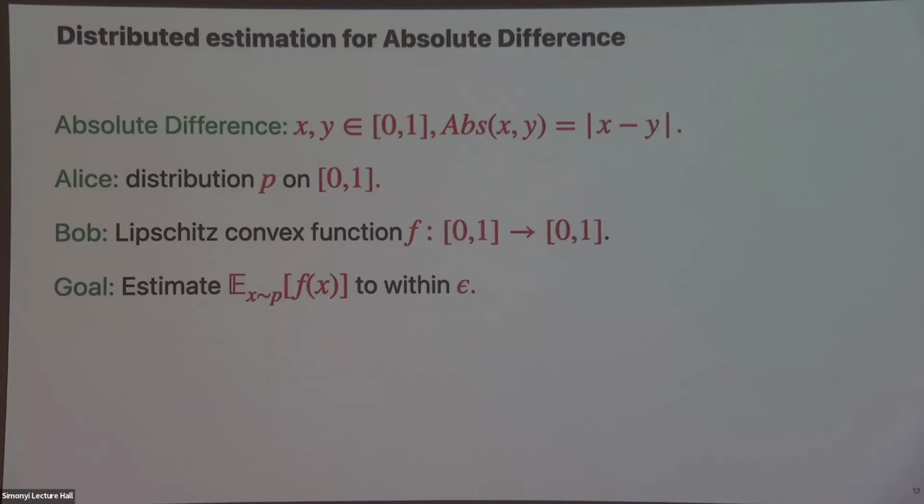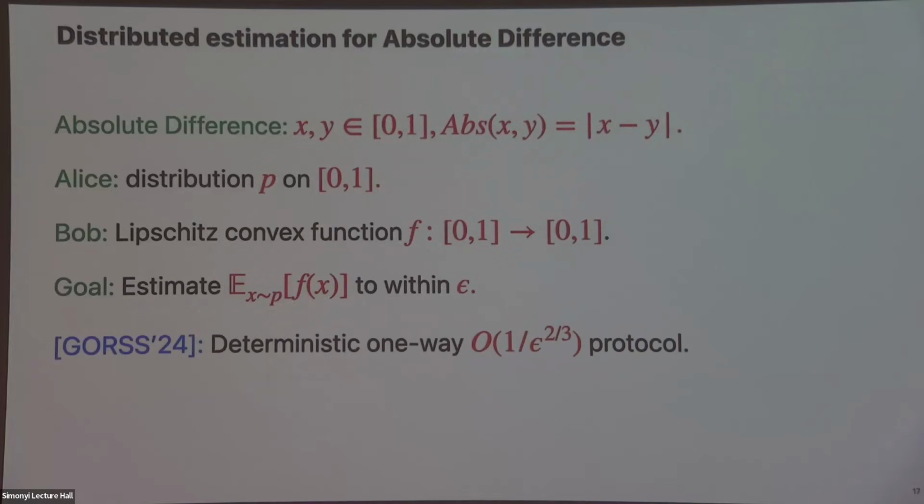So what the result in this paper with Prasad, Abhishek, and Mihir did is not only give a deterministic 1 over epsilon to the 2/3 protocol, it actually gave an approximate basis of 1 over epsilon to the 2/3 functions. Alice picks these functions in advance. She tells Bob the expectation of these functions, and then she goes away.